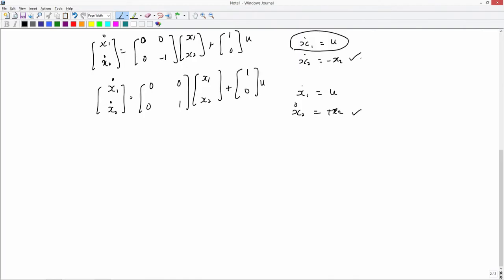The uncontrollable part here is actually stable, because I can just directly solve for x2 dot is minus x2. This is unstable. So, this is bad news.